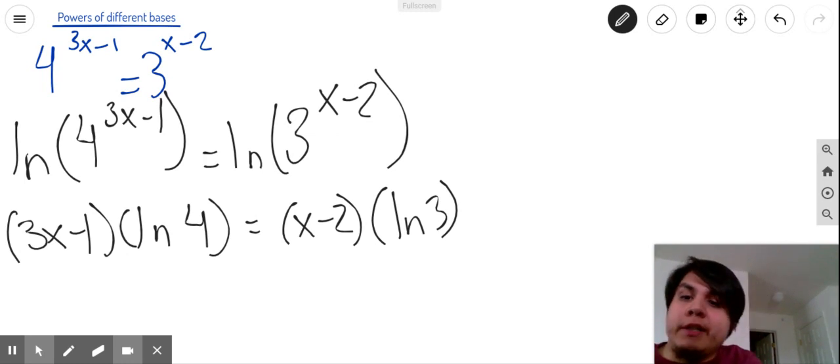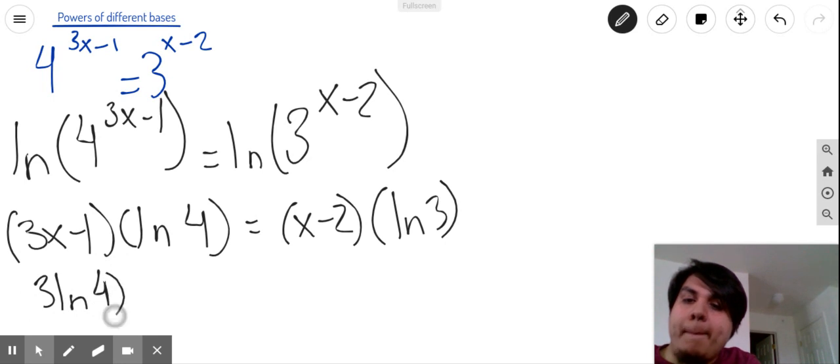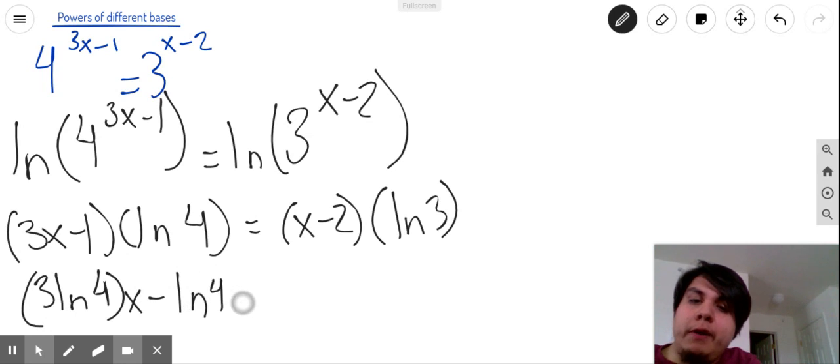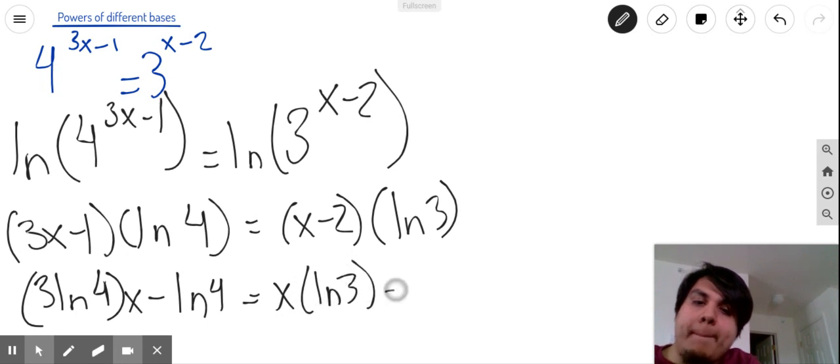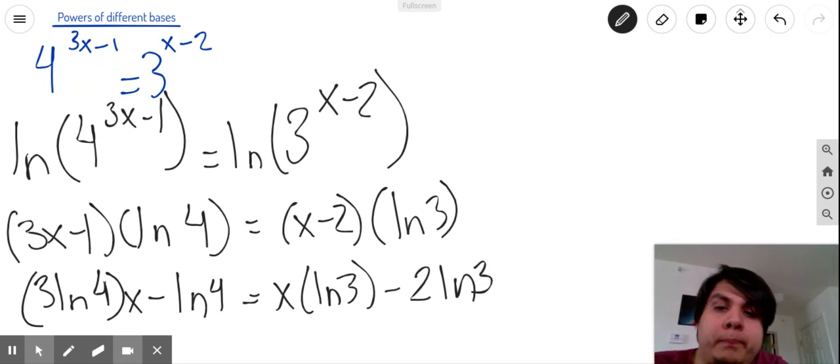So what that means is I have 3 natural log of 4 times (x minus 1) natural log of 4 is supposed to equal an x times a natural log of 3 minus 2 natural log of 3. All I did was just distribute the first parentheses to the natural logs to figure out what I have, because now I'm trying to solve for x. So I need to clean it up, and I had to get them out of the parentheses.